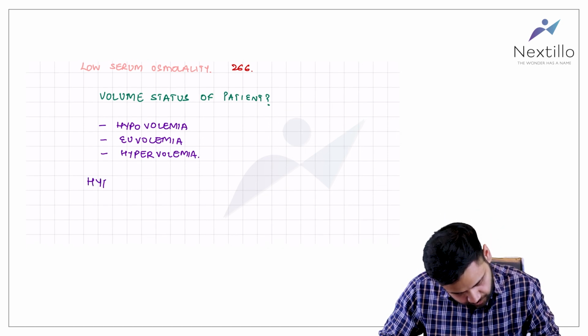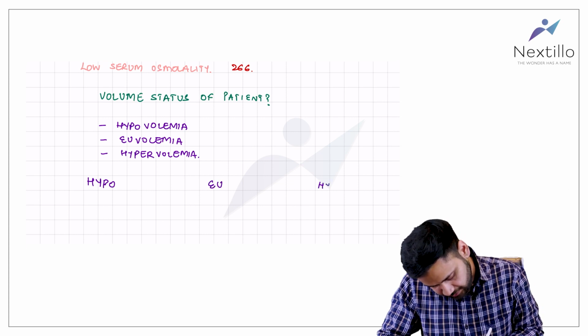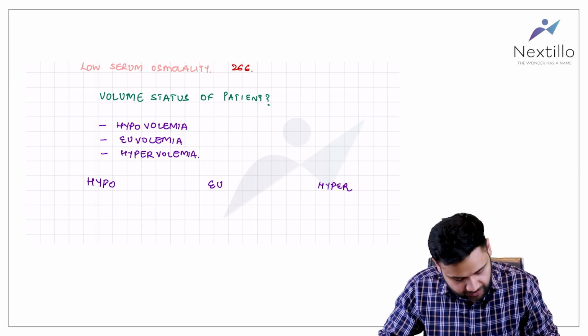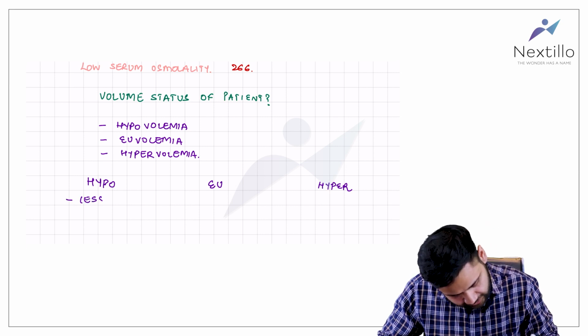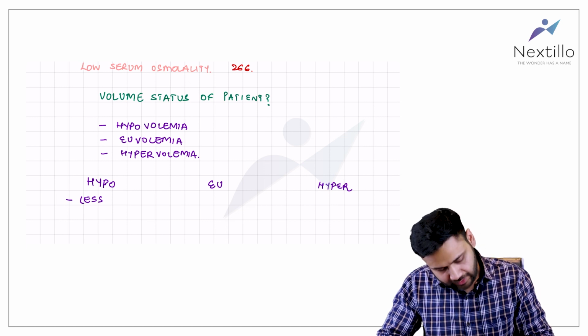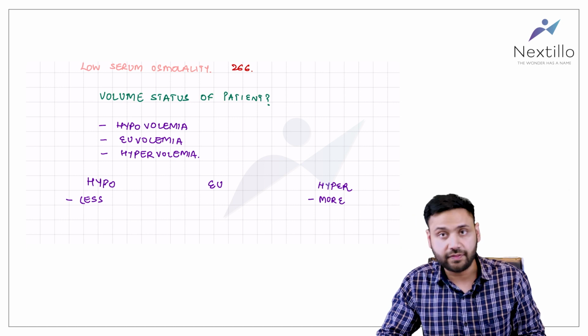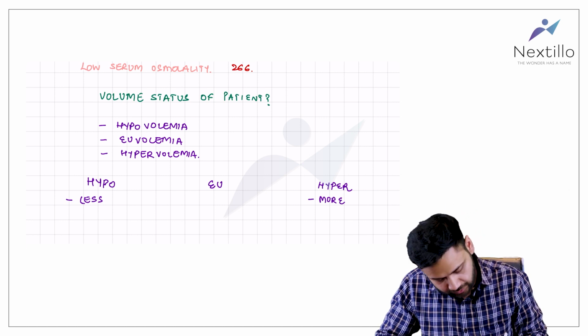We have hypo, we have eu, we have hyper. So in hypovolemic states, there is less fluid, right? Hypo means less and hyper means more. It means there is more fluid in the body.